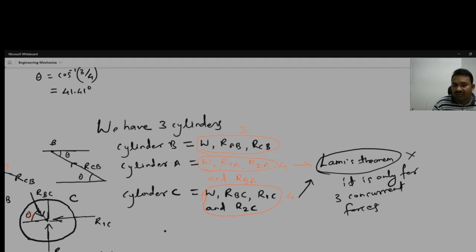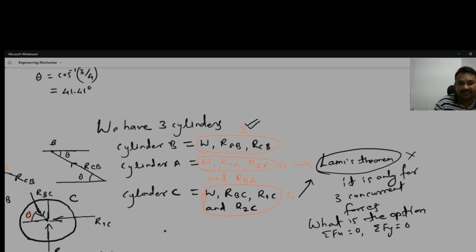Okay, so what is the option next? Our options are summation of Fx is equal to 0 and summation of Fy is equal to 0. What about this? Suppose there are three forces only.